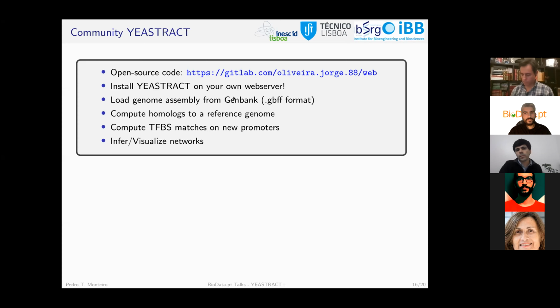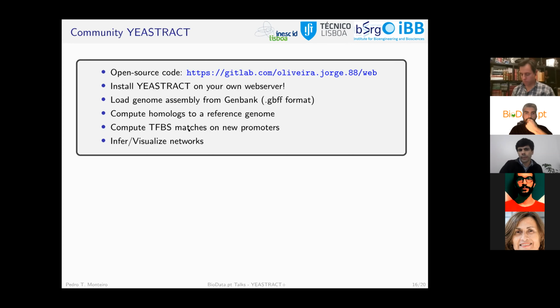We also provide the scripts to compute all the homologs against the reference genome. So we can imagine that someone from across the globe can use this for some other species, for example. If they have a reference genome for a given bacteria and want to study a newly sequenced bacteria, they can profit from the whole infrastructure.